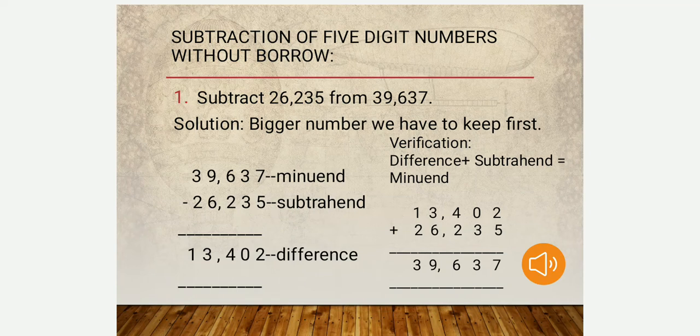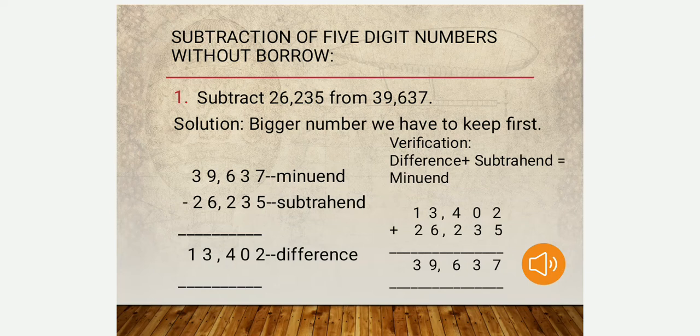But you can see on the right side, I have shown the verification. The verification formula is difference plus subtrahend is equal to minuend. To check whether I got the difference correct or not, we implement the formula difference plus subtrahend. You can see on the left the difference is 13,402.